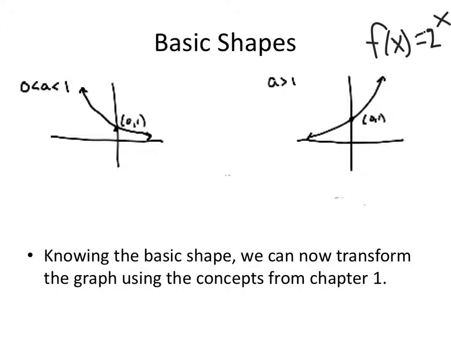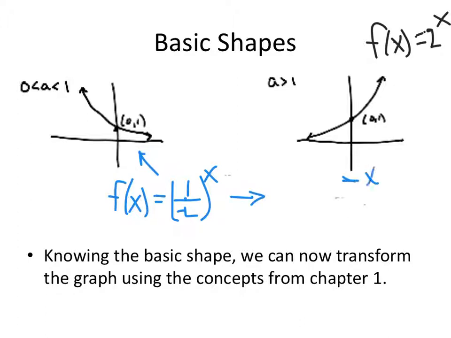What I can do is, if I take the graph of f of x equals 1/2 to the x, and I flip it, so I'm going to introduce a negative in front of the x, so we're looking at a horizontal reflection. All I'm going to do, a horizontal reflection, it's now going to look like this, which is exactly the graph where a is larger than 1.